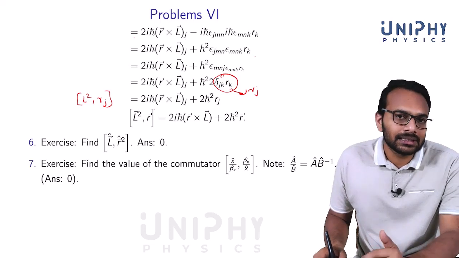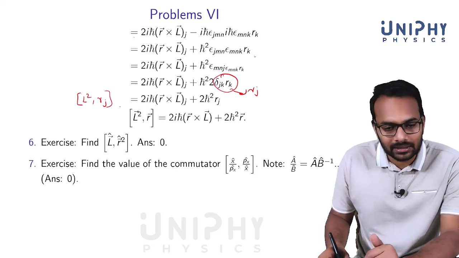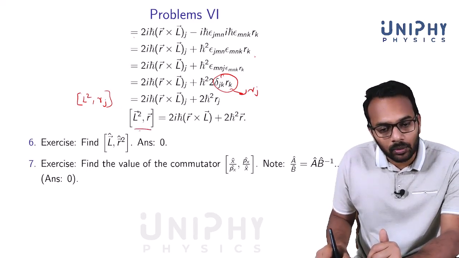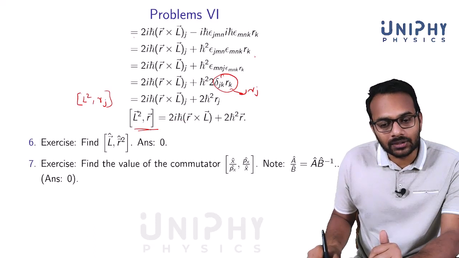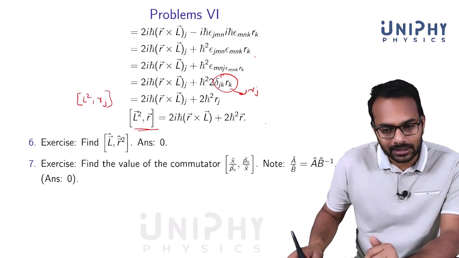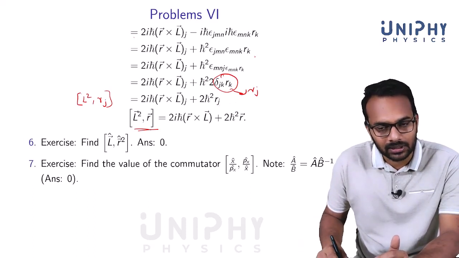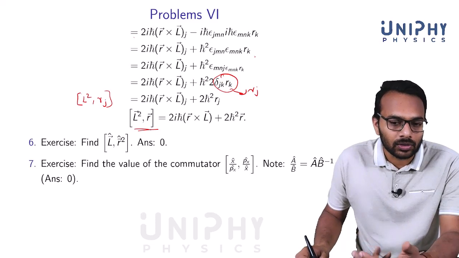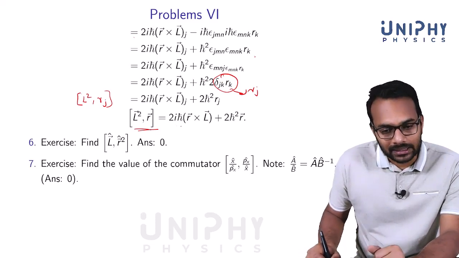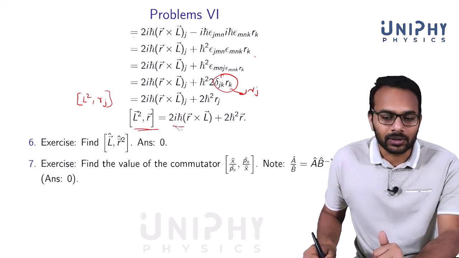This is an arbitrary component, for the first, second, or third component, it doesn't matter. So you can generally write L square with r vector is simply 2iħ cross r cross L plus 2ħ cross square r vector. R vector means you are taking all three components. This was only for one arbitrary component; if you take all components, you get the vector sign.